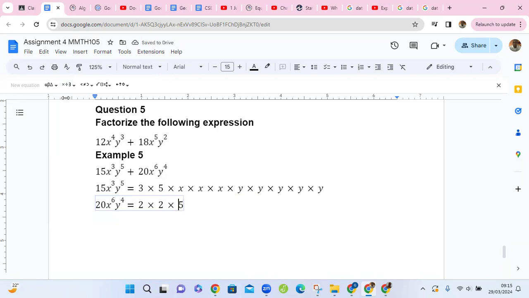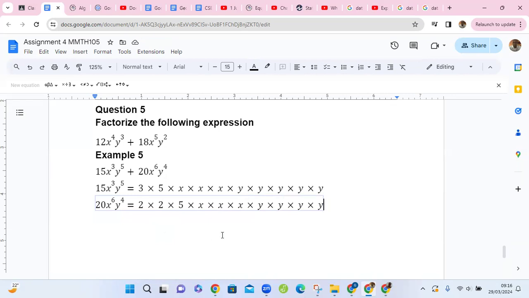And similarly, x to the 6 into its factors: the letter x must appear 6 times. And y to the 4: the letter y must appear 4 times. 1, 2, 3, 4.